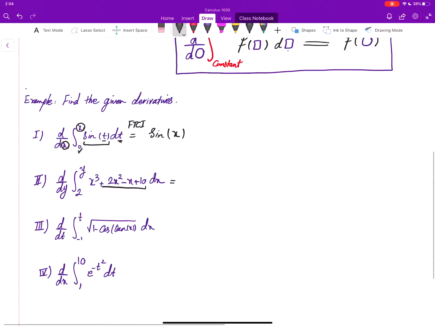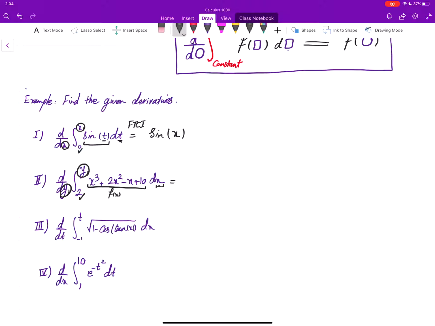The second one is here. This is our integrand, and the integrating variable is x. So we have f of x here, and there's no other x. That's nice. The lower limit is constant. The upper limit here is y, and we are differentiating with respect to that. Three different things: the integrating variable, the lower limit is constant, the upper limit is the variable with respect to which we are differentiating.